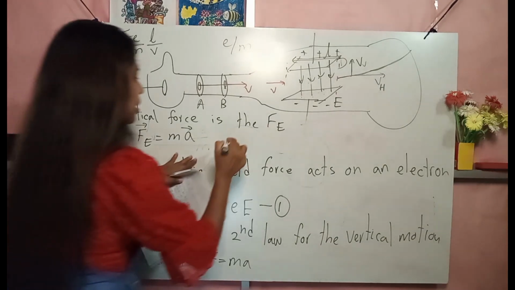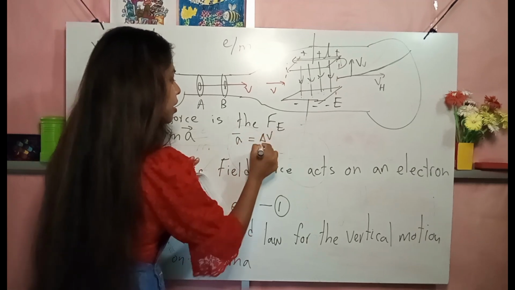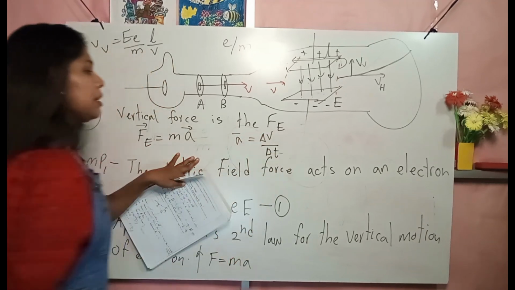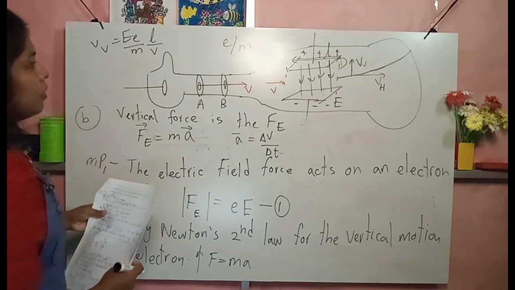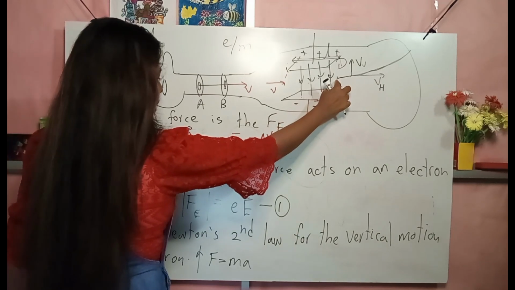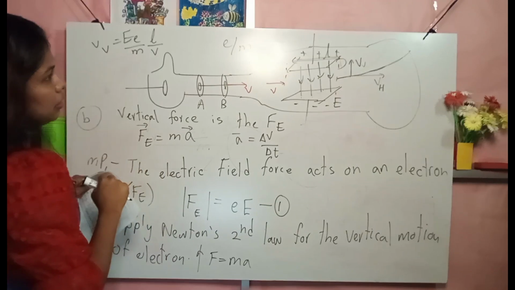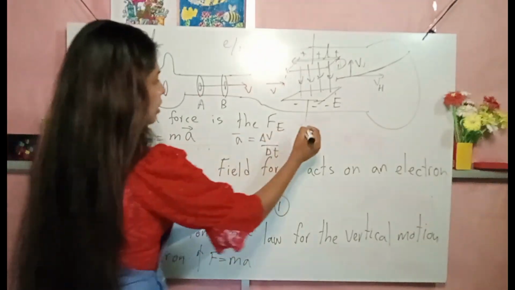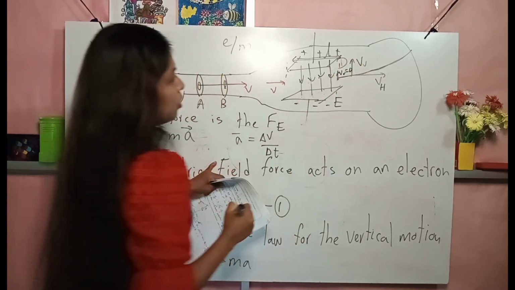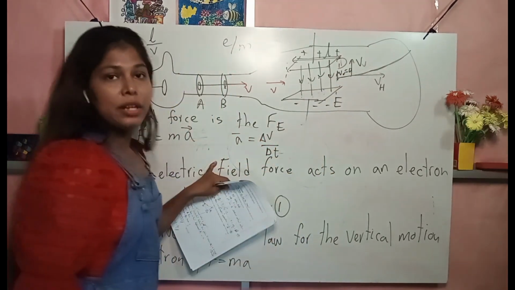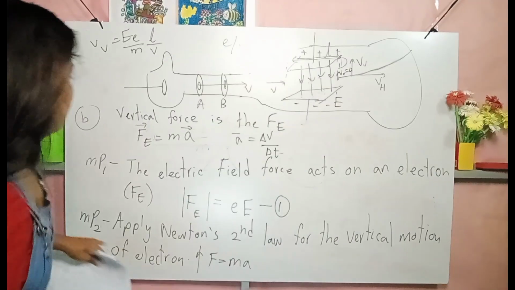So how to write it? Acceleration equals delta V over delta T. Here we can take that initially VV was 0, and at the considered moment the vertical component of the velocity is VV.